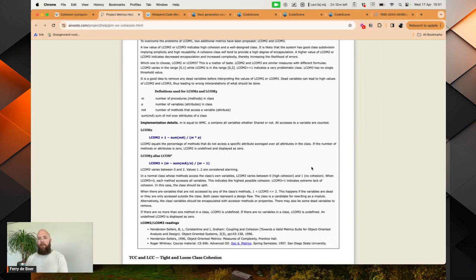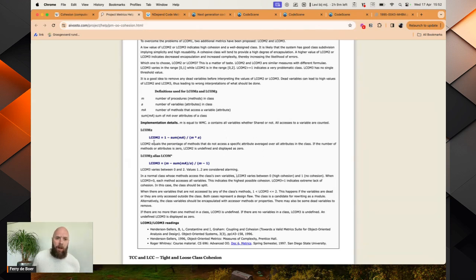But if you look at LCOM 4, the main definition is that LCOM 4 really works on the graph, while LCOM 2 and 3 are basically derived attributes from the graph of a class.